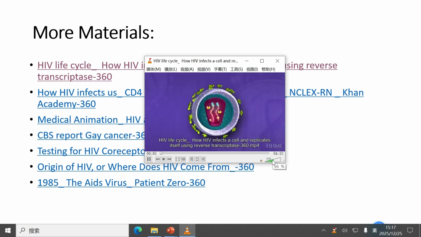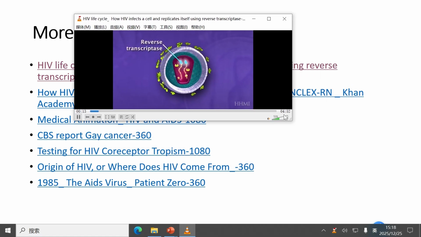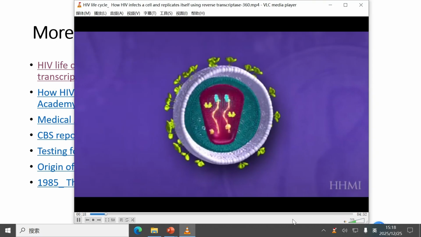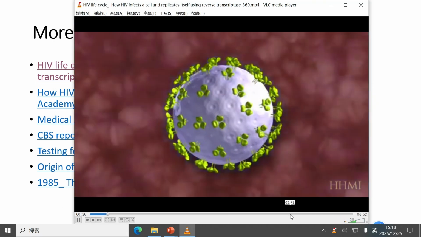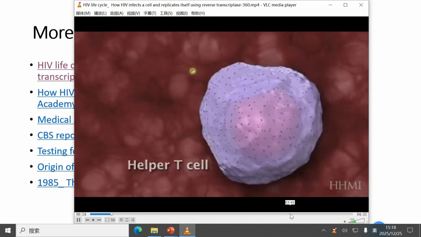It's a typical retrovirus, meaning that it has an outer envelope. And in the center, it has 2 copies of RNA, as well as an enzyme here in blue that's reverse transcriptase, which will ultimately turn that RNA into DNA. The virus itself, with this outer envelope protein, actually directly infects T helper cells.